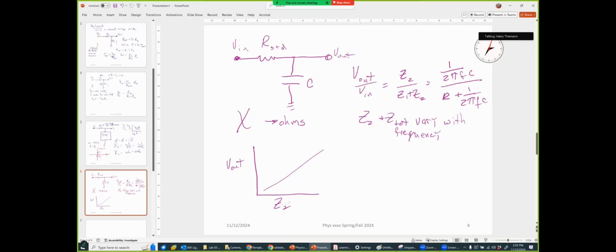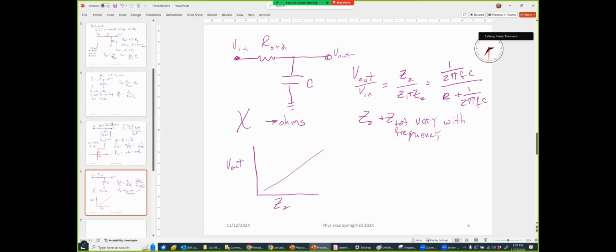If Z2 gets bigger, we expect V out to get bigger, and of course we also expect V out over V in to get bigger. It's not exactly obvious, but we can have faith that if Z2 is bigger, V out has to be bigger.